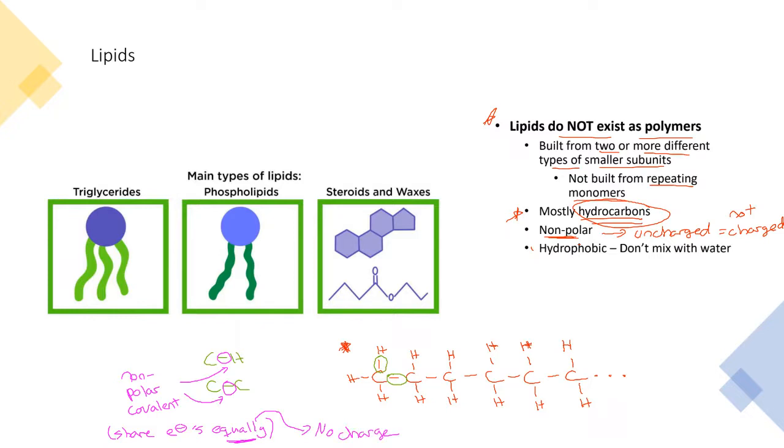So this hydrocarbon portion has no charge. If this molecule has no charges, it's non-polar. If it's non-polar, it's going to be hydrophobic. It does not mix with water, again because it is a non-polar molecule.